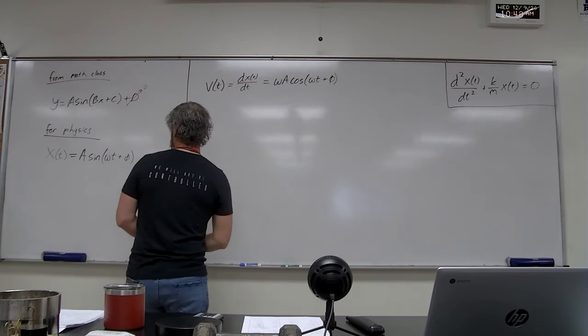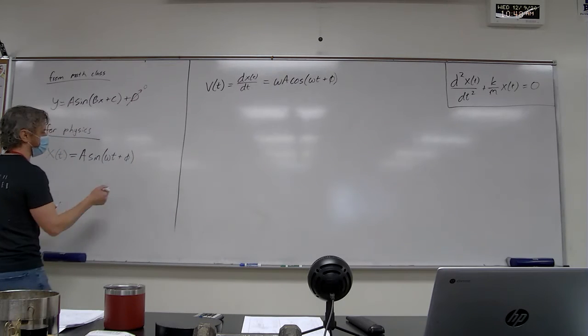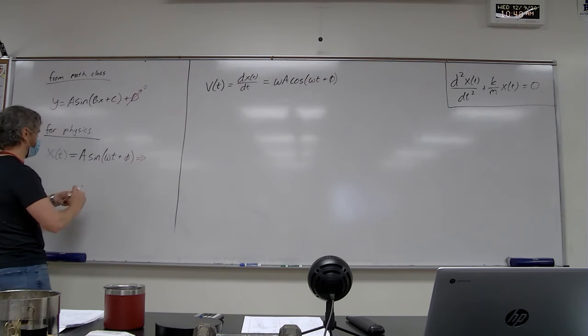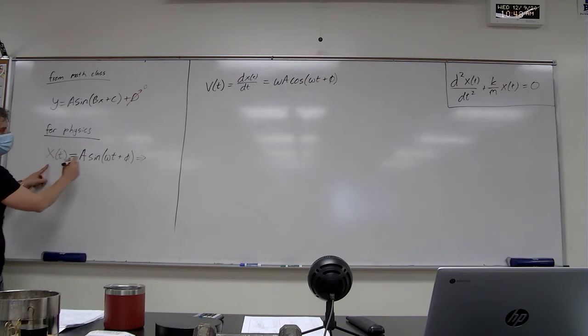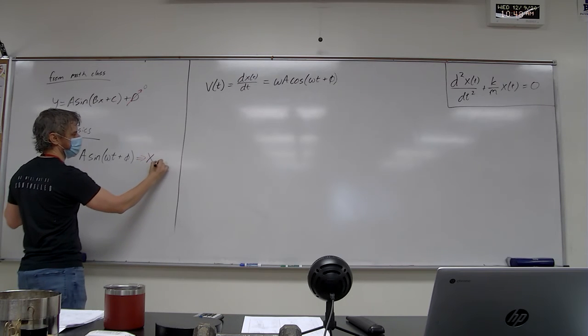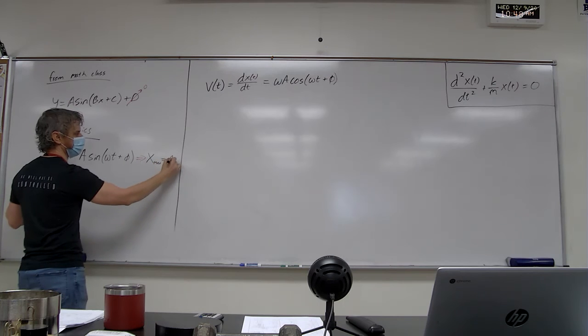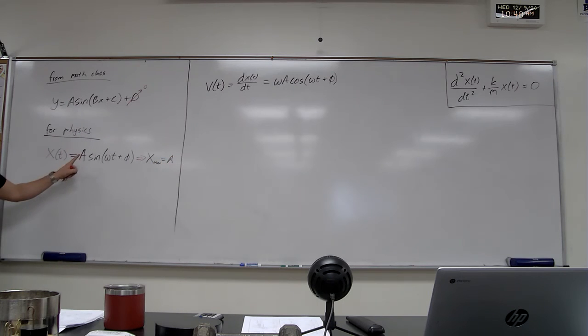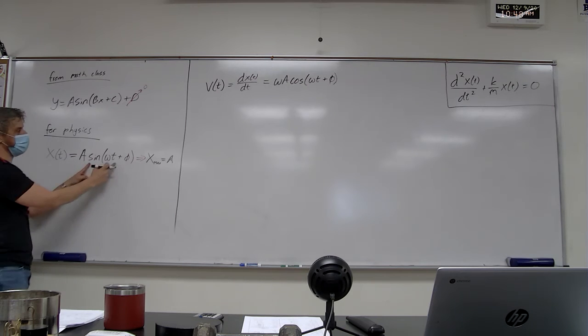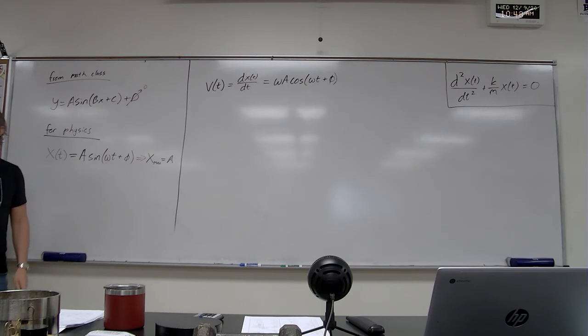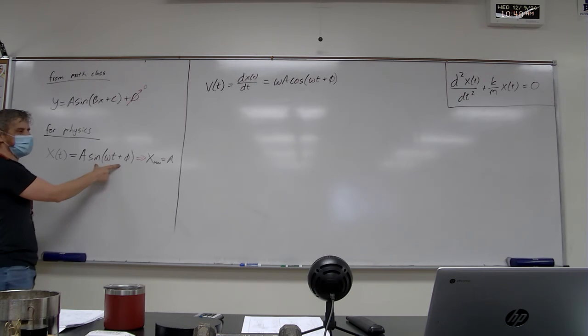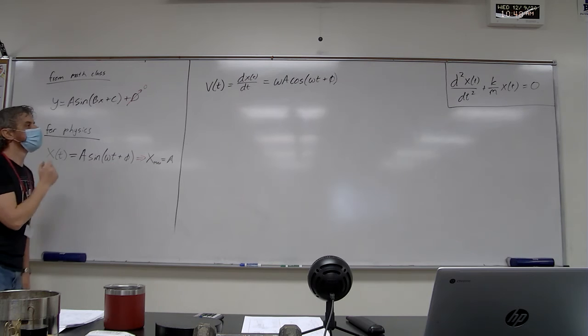With that, it's easy to see here that the maximum amplitude, or the maximum displacement from equilibrium, is simply the amplitude, right? Because you get a maximum x of t whenever sine of omega t plus phi is 1. This can't get any larger than 1, right?